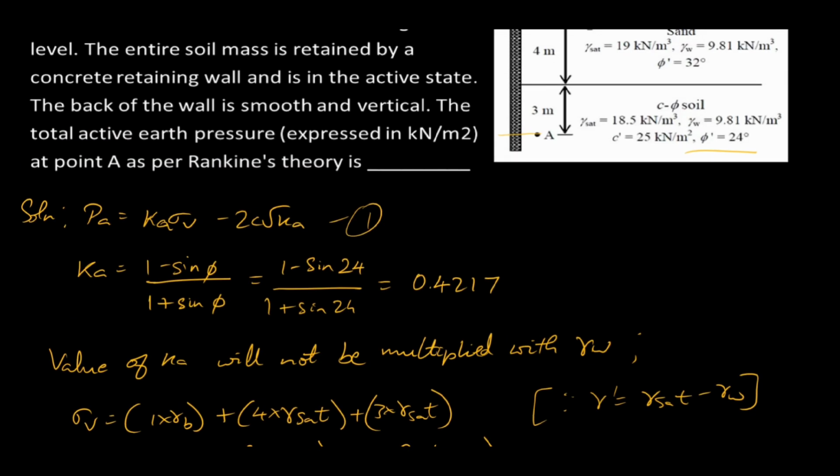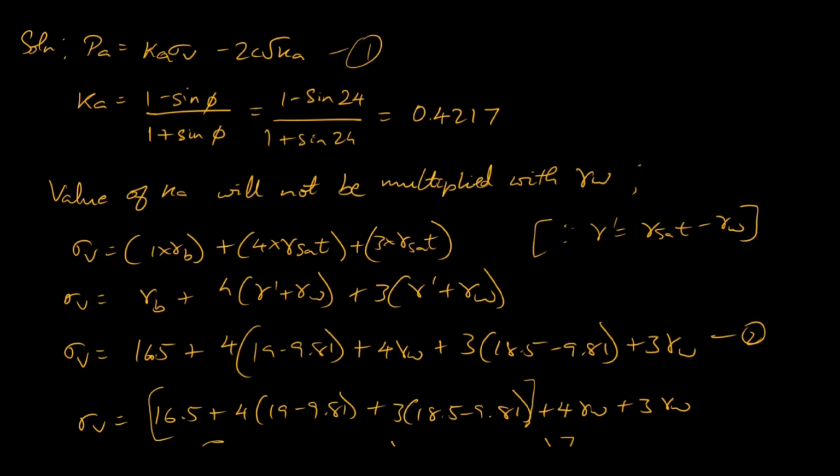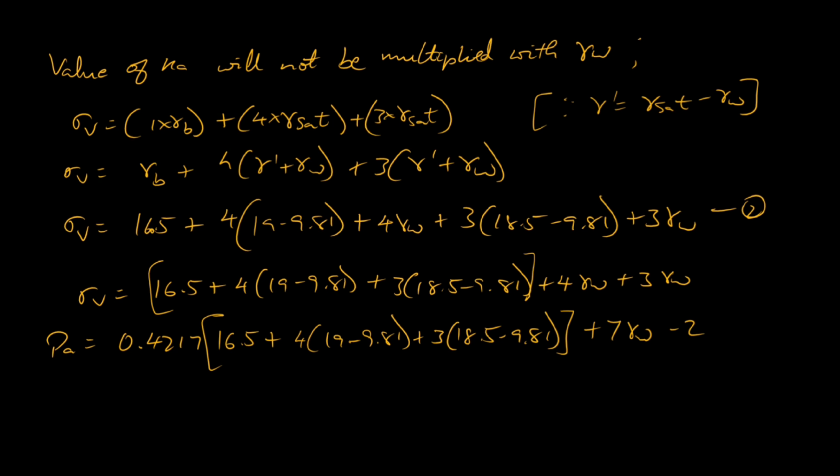The value of C is given as 25, so 2 into 25 root Ka. Root Ka will be nothing but root of 0.4217. If you solve this equation, you will get the value of active earth pressure at point A equal to 69.648 kilonewton per meter square.